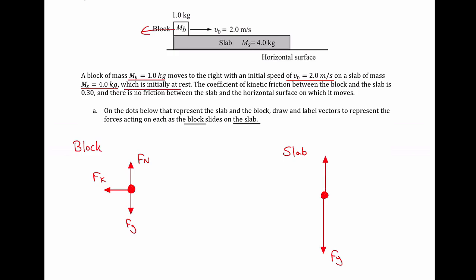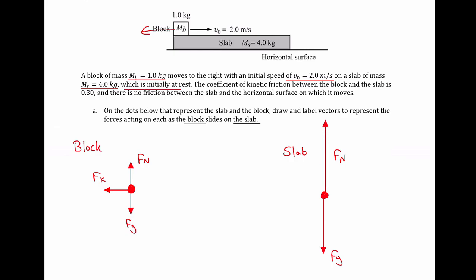Let's try to make it a little bit more horizontal, somehow like this. As you probably see, the normal force and the force of gravity in this case are not equal. Actually I think I made a mistake here, the normal force will be greater than the force of gravity.